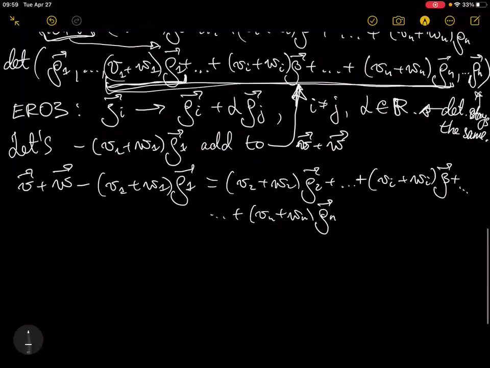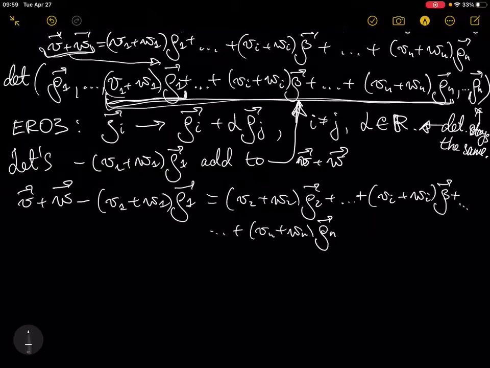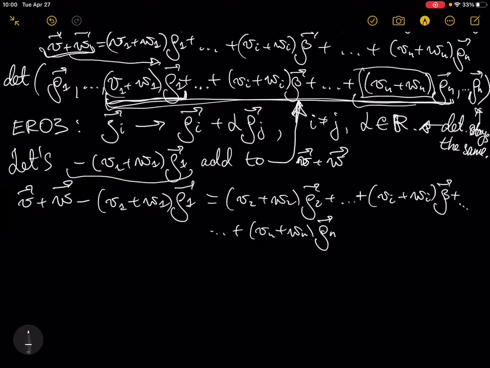So once again, under elementary row operation number three, the determinant has to stay the same. And I can continue subtracting all other rows multiplied by the corresponding coordinates, right? And the determinant has to stay the same. So I can eliminate this term. Essentially, I can eliminate everything else but that, because this beta is not between other rows, right?